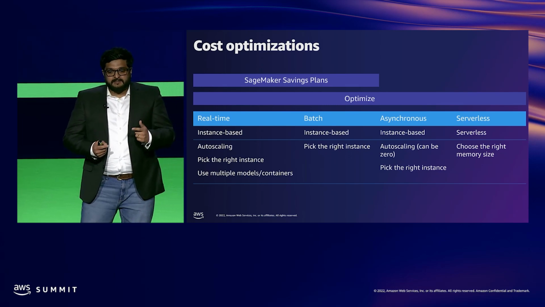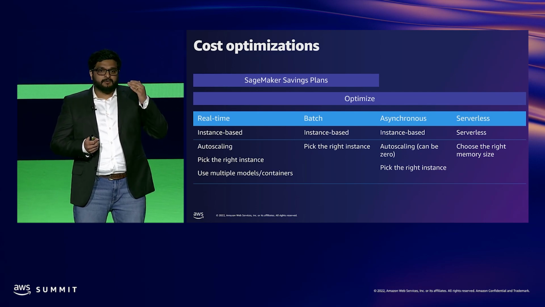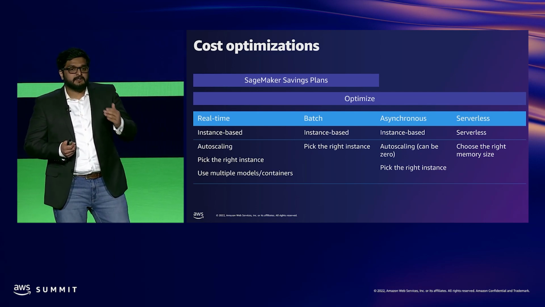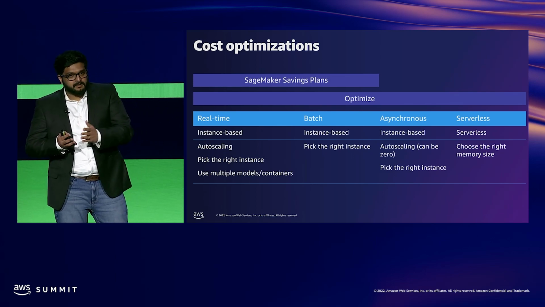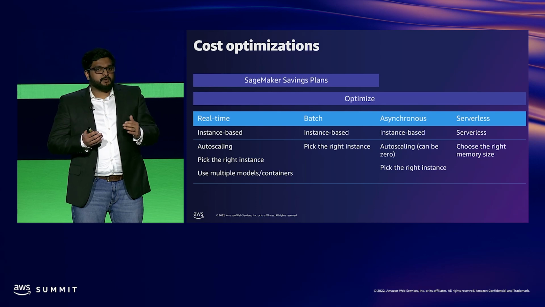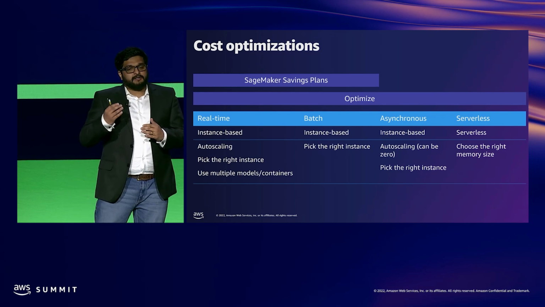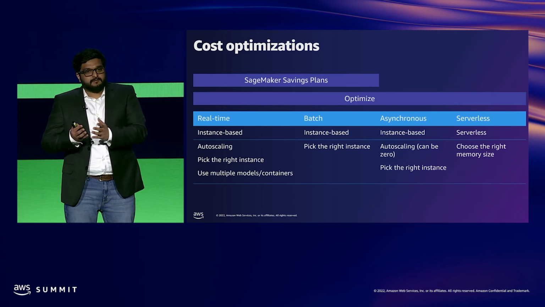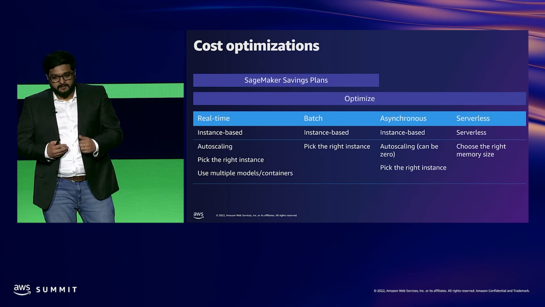With async inference, we offer a unique capability to scale down the number of instances to 0. So when you have intermittent traffic coming in, you can scale down the instances to 0 when you do not see any traffic and scale up the instances when you see traffic. This way you would save costs when you do not have any incoming traffic.